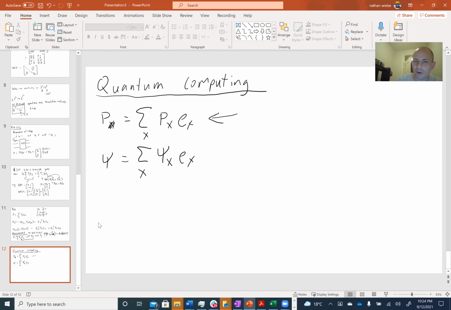However, here we have the sum over x of Px equal to 1. In quantum, we have the sum over x of the absolute value squared of psi x equal to 1. And that's it. That is the only difference between quantum and classical. Quantum uses a 2 norm and classical uses a 1 norm. In principle now, you actually understand everything you need about quantum computing.